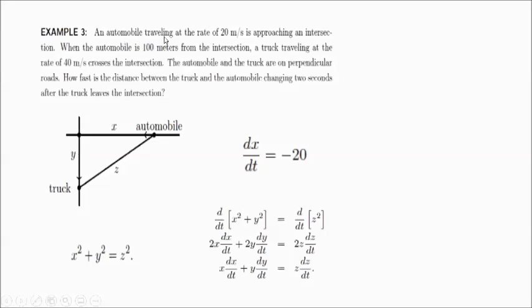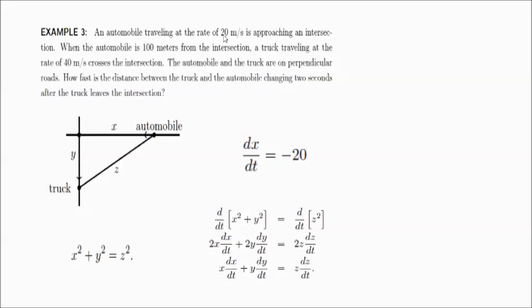An automobile traveling at the rate of 20 meters per second is approaching an intersection. So meron daw automobile class. So let's say papunta siya sa west. Ito, yung automobile natin. And then ina-approach niya yung intersection. So imagine this is the road.